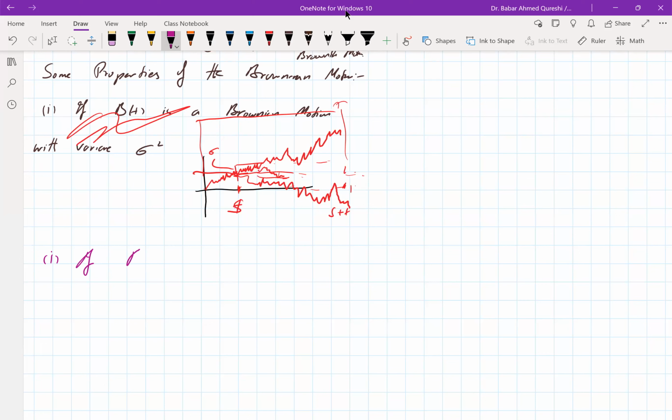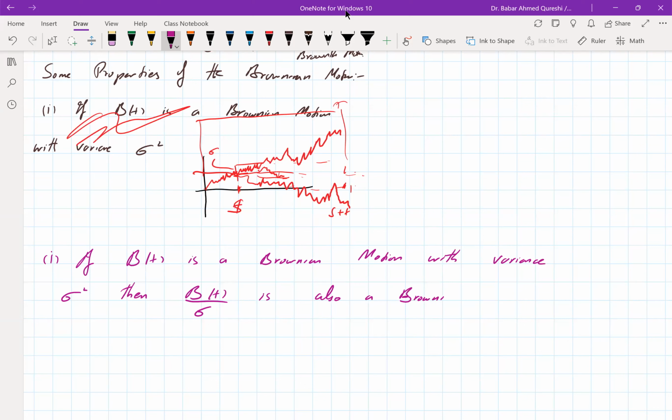That if B of t is a Brownian motion with variance sigma square, then the scaled thing is also a Brownian motion, but with variance sigma square is equal to 1.